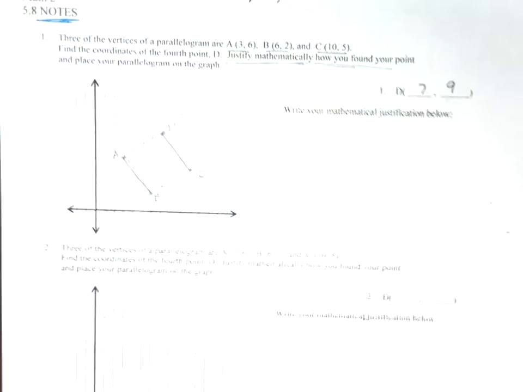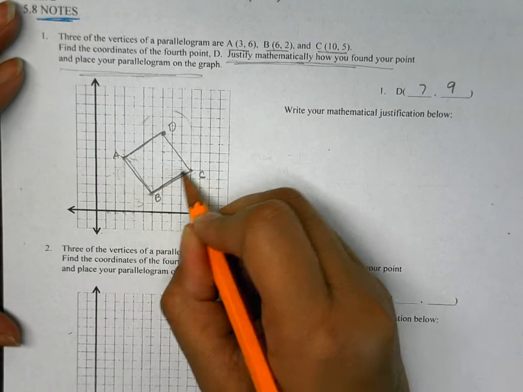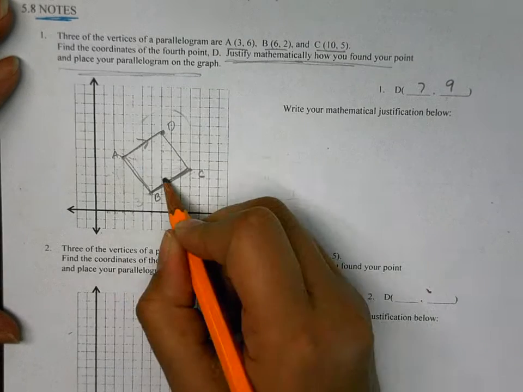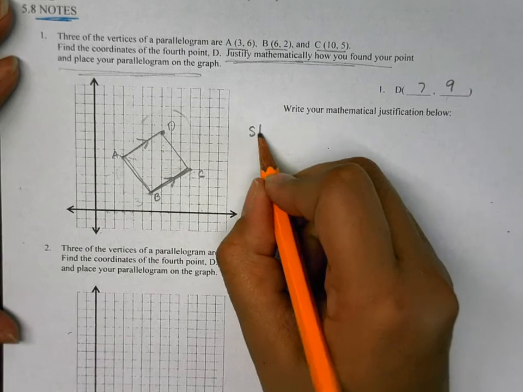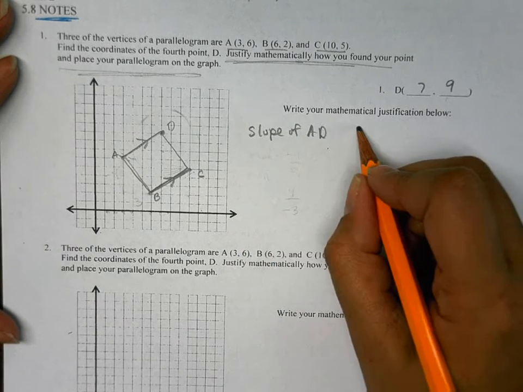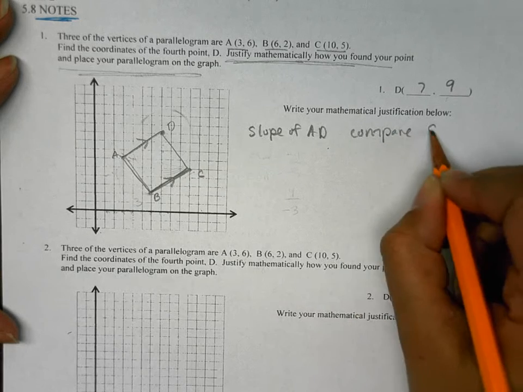and it's pretty easy. What do we know about AD and BC if these two are parallelograms? They are what? Parallel. So we're going to find the slope of AD, and we're going to compare it to the slope of what?